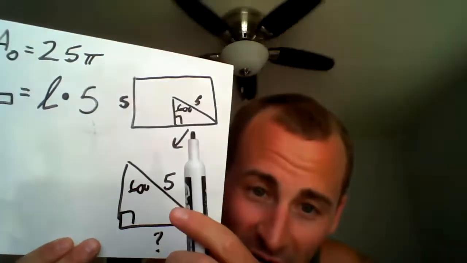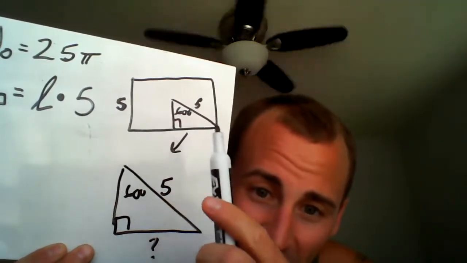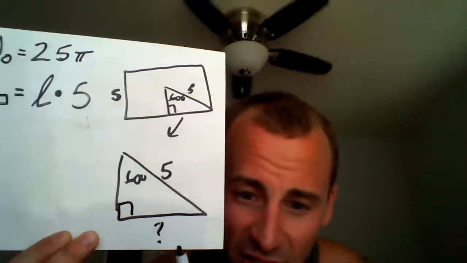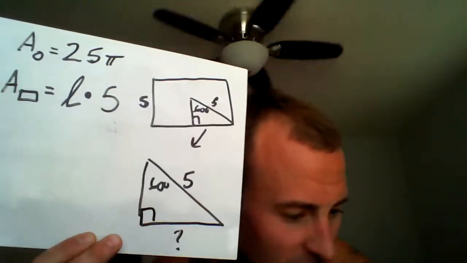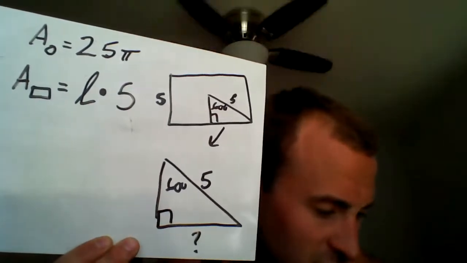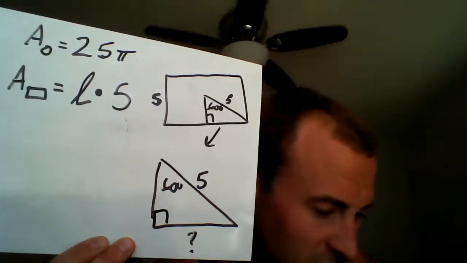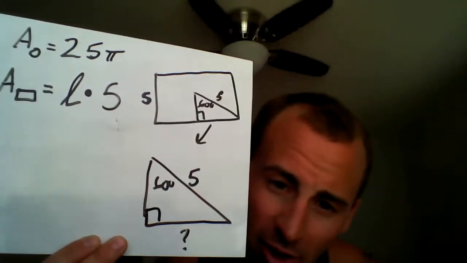Okay. So what we need to do is we basically need to find this distance here, which is this question mark, and then just double it. Does that make sense?